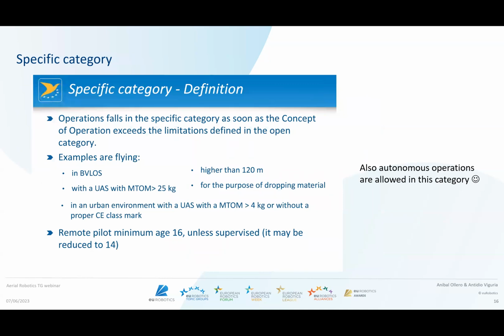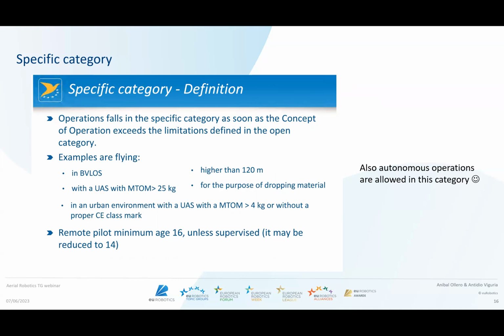Specific is: you first have to check if your operation is not within the limits of the open category, then it could be within the specific category. Then we will see what is above specific and what is considered certified. But here it is very large.